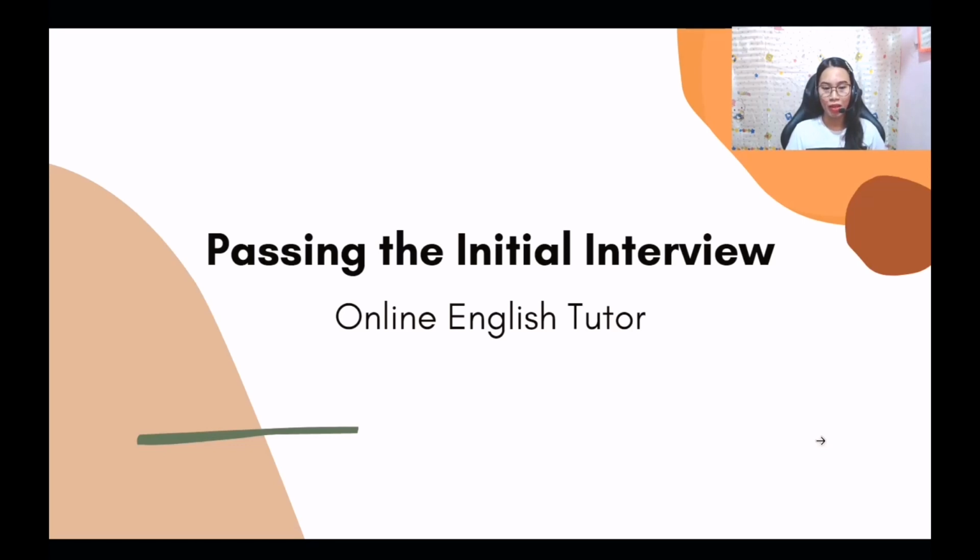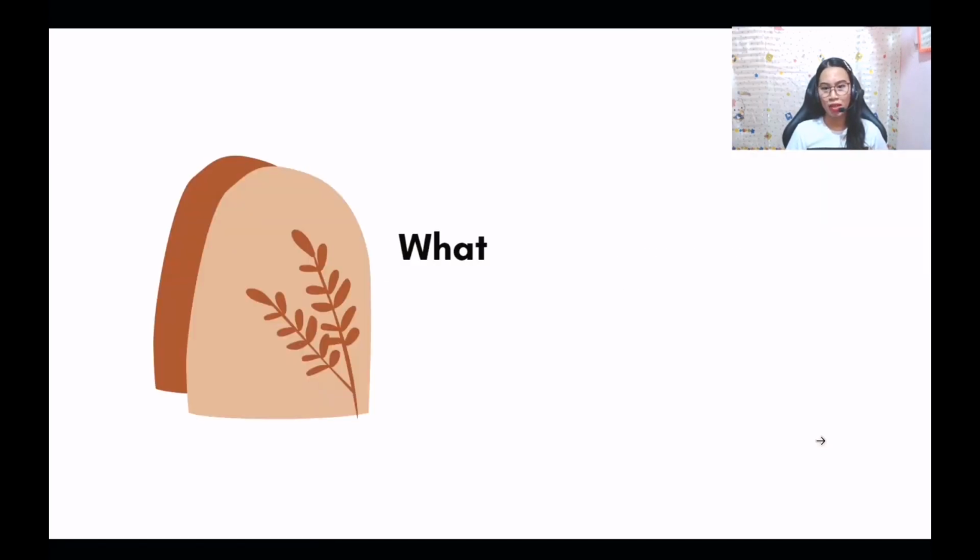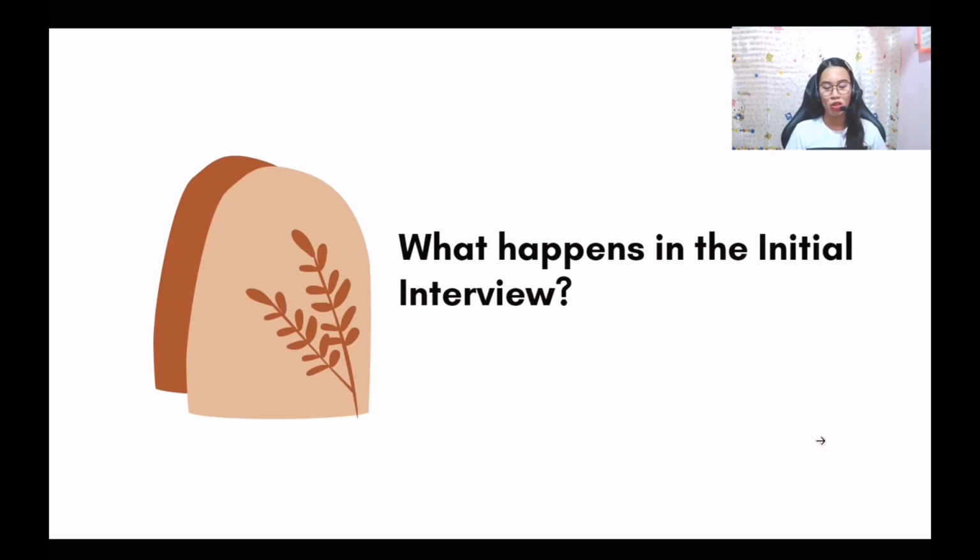For today's topic, I will be sharing with you how to pass the initial interview as an online English tutor. This is not only for RareJob application, but it's also applicable to other companies' applications. By the way, what usually happens in the initial interview? Usually the initial interview is to check your equipment.